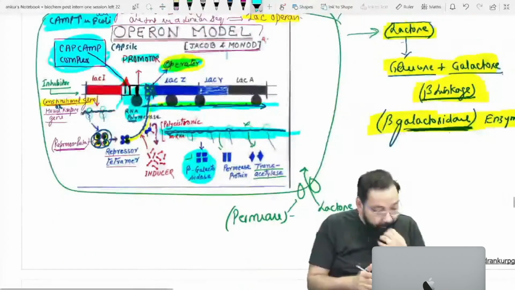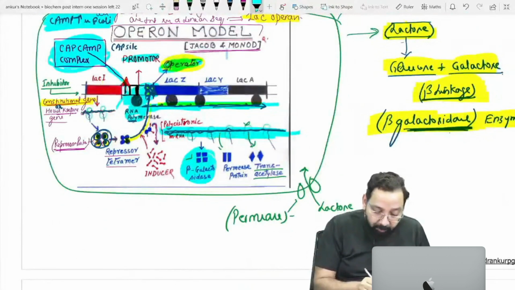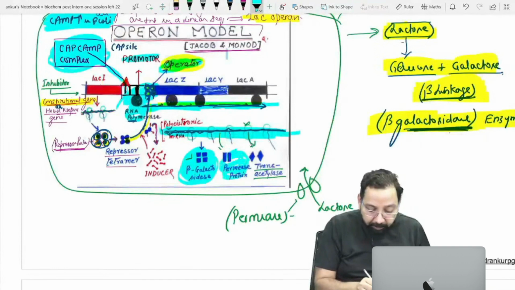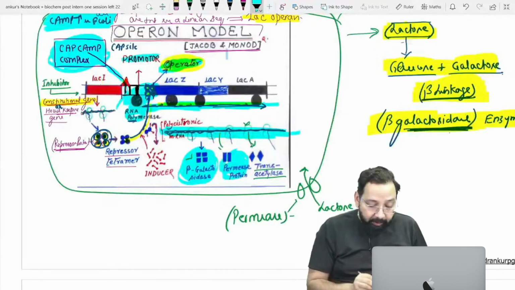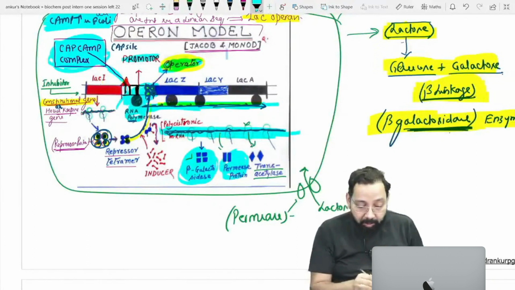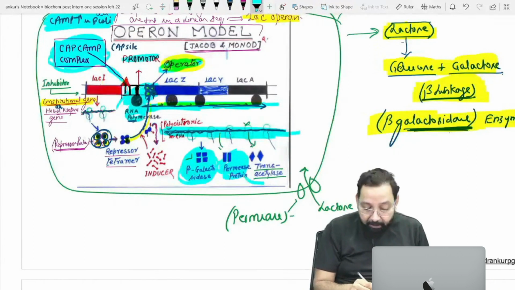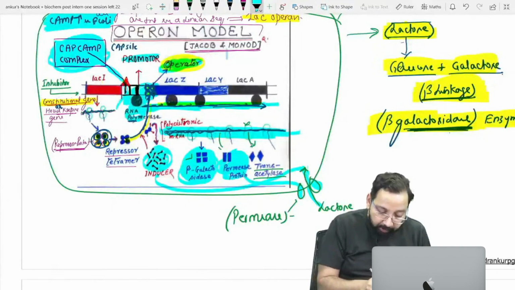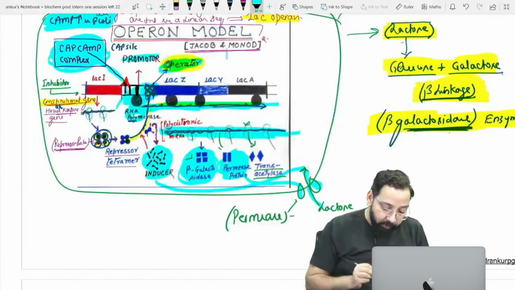But when this messenger RNA is formed, beta galactosidase will be formed, permease will be formed. Initially beta galactosidase will be synthesized in very little amount. Permease will bind to the cell membrane. Lactose will enter. This lactose will act as inducer. What I said, lactose or allolactose will act as inducer.